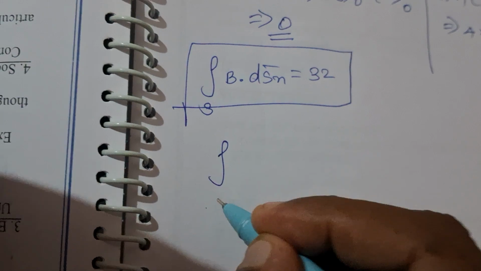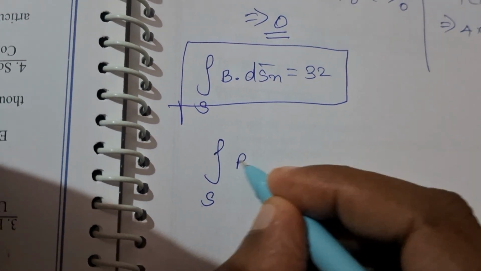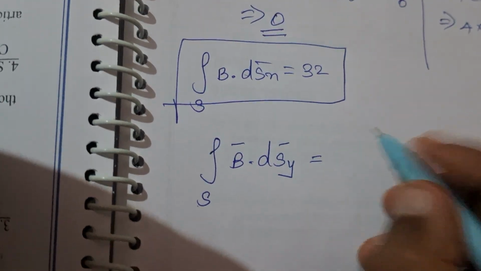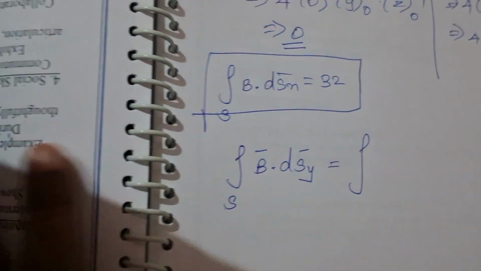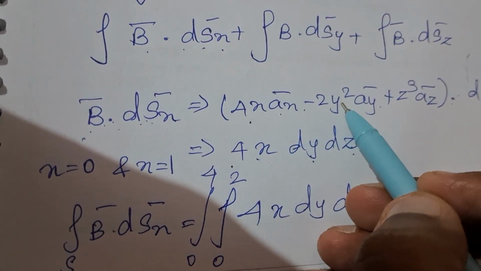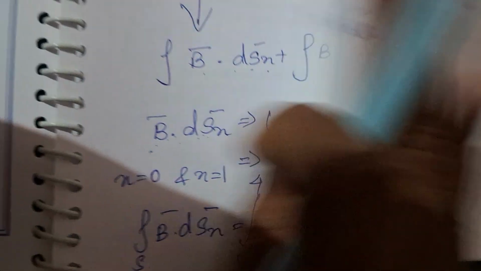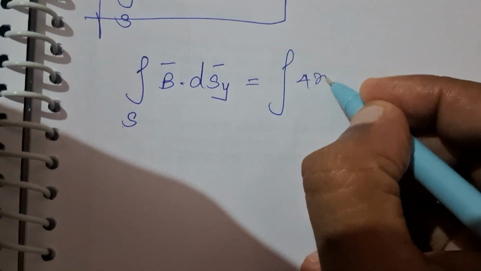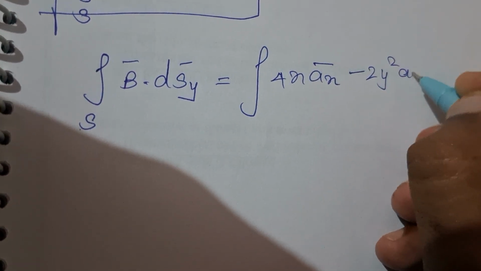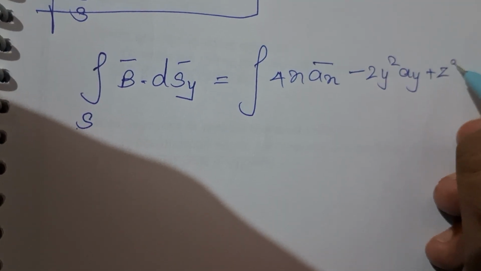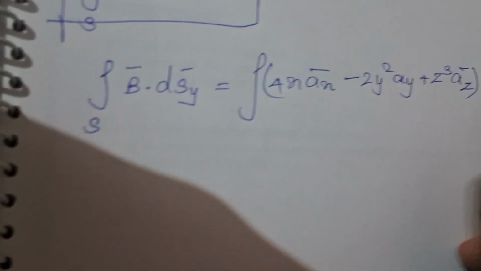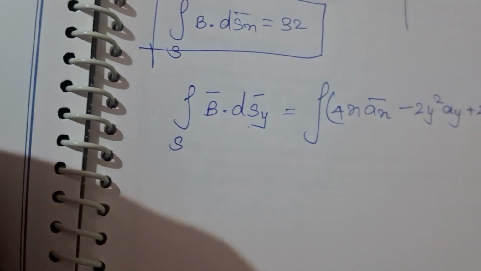Next is the surface integral of B dot dSy. So first, what is B? 4x ax minus 2y square ay plus z cube az, into here dSy.